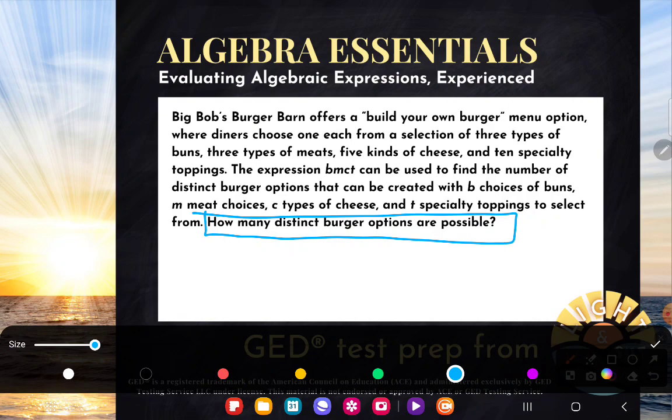I told you how to find how many distinct burger options. Look back. It says the expression BMCT can be used to find the number of distinct burger options that can be created. So I'm telling you that if you do this, BMCT, you will find the distinct number of burger choices.